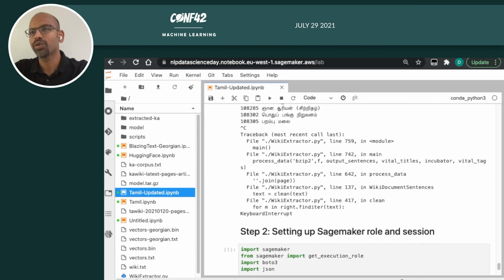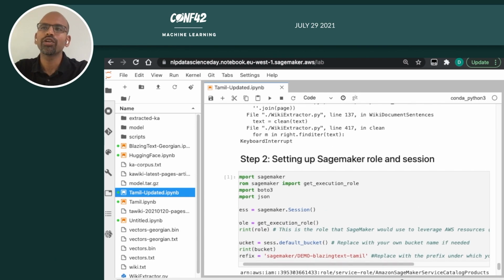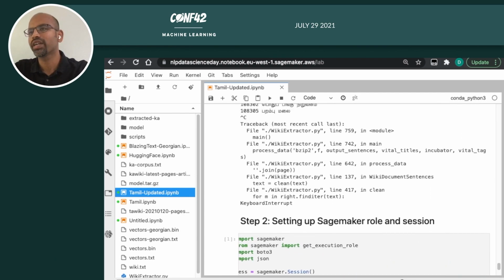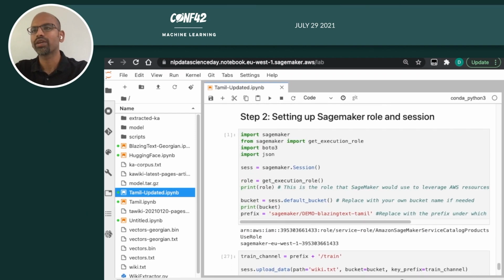And here we go. So the extractor is done. In fact, it was just going on for a long time. I thought I had enough data, so I just killed it to get on with the next stage. But you can leave it for a long time if you want a lot more data. As I said, the more data, the better.